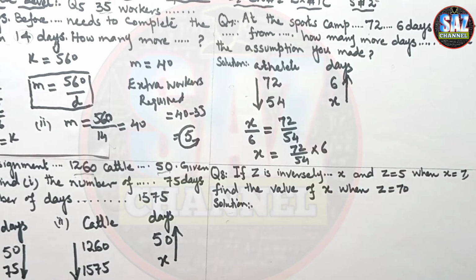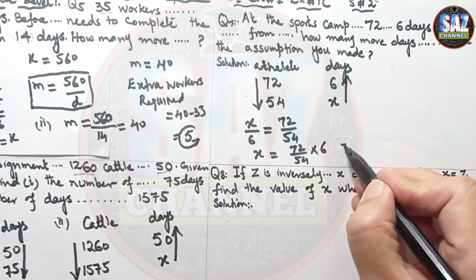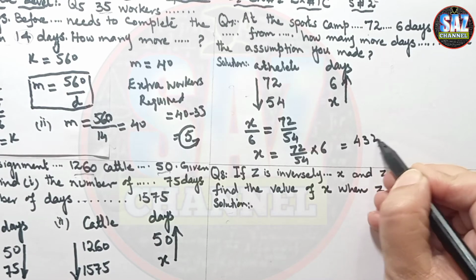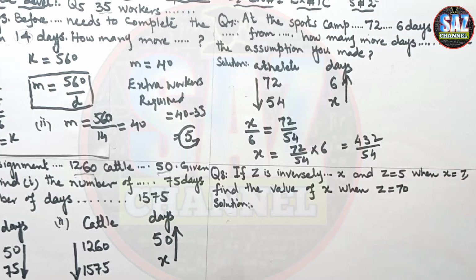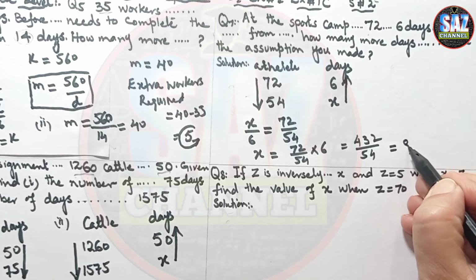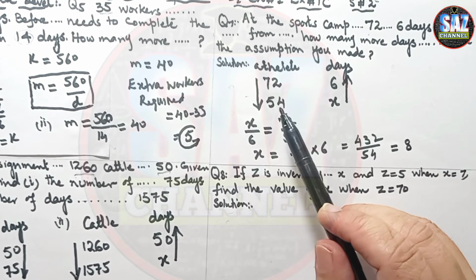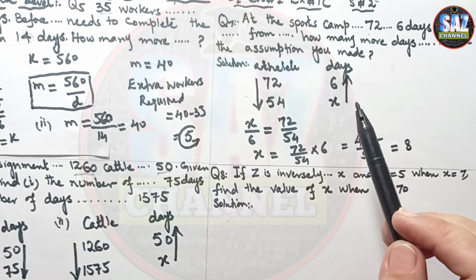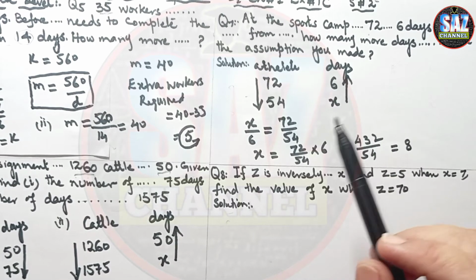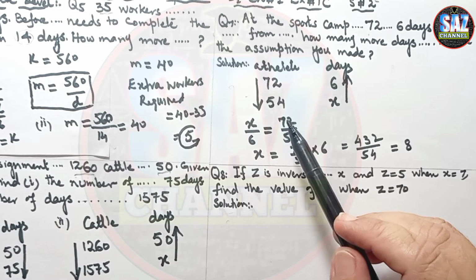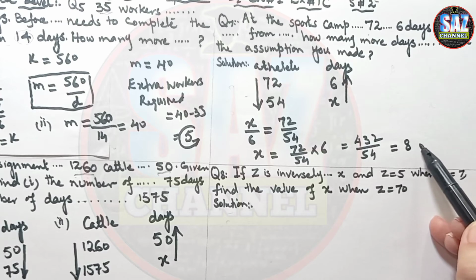So 72 multiplied by 6 is 432. 432 upon 54 is equal to 8. Now initially when the athletes were 72, they could use that food for 6 days. Now when the athletes have become 54, they can have the food for 8 days.